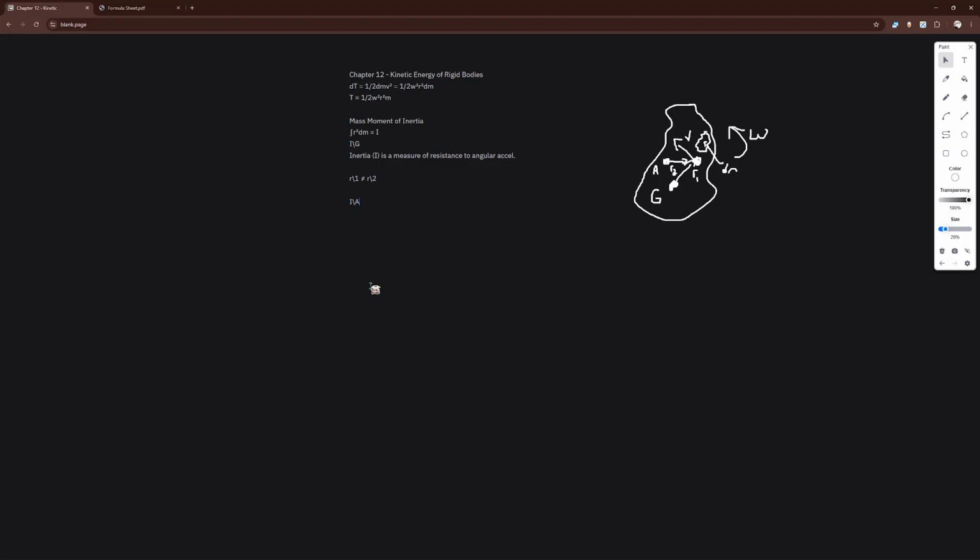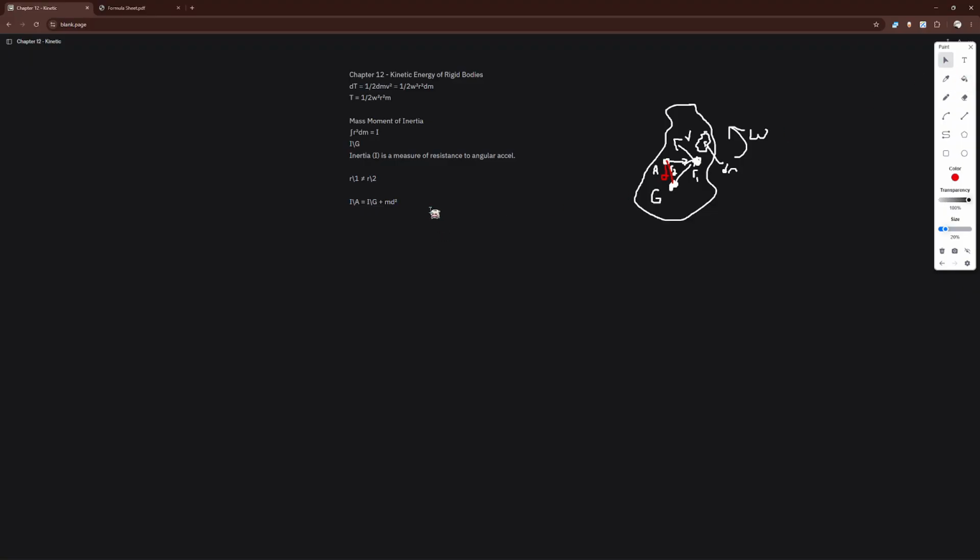So the moment of inertia about A is equal to the moment of inertia about G plus a term here, md squared. Now what is d, you might be asking? Well, I'll switch colors here just to make things more clear. This is d. This distance between A and G is d, right?